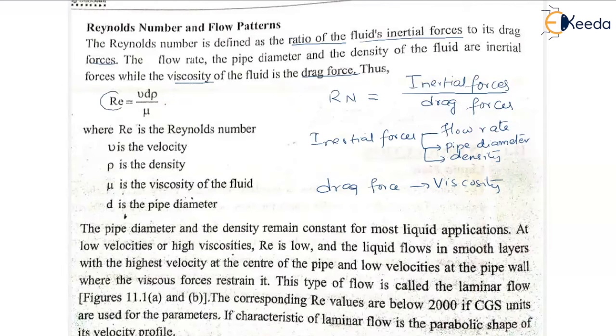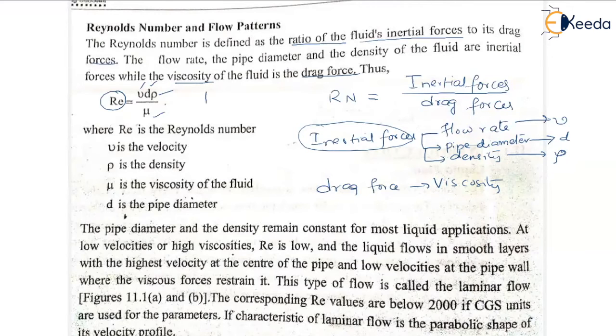So, Reynolds number is denoted by Re, which is V D rho / mu. V is the velocity, flow rate. D is the pipe diameter. Rho is the density.